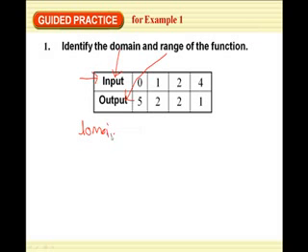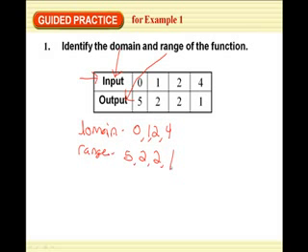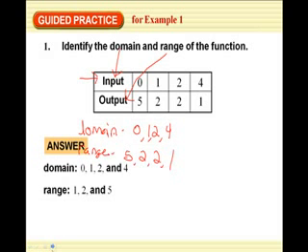If you're writing these in on an answer sheet, you would put 0, 1, 2, and 4 for the domain, and the range is 5, 2, 2, and 1. That's it. Identify the domain and the range. And you put 2 twice. I guess we don't really have to. It's just once. It's still the same number.